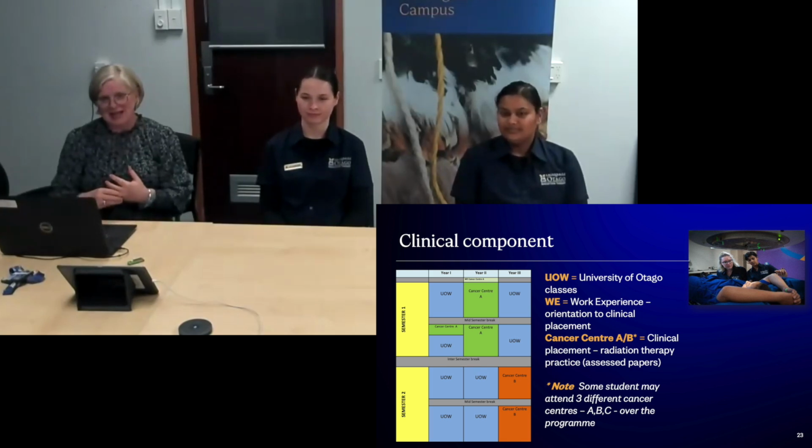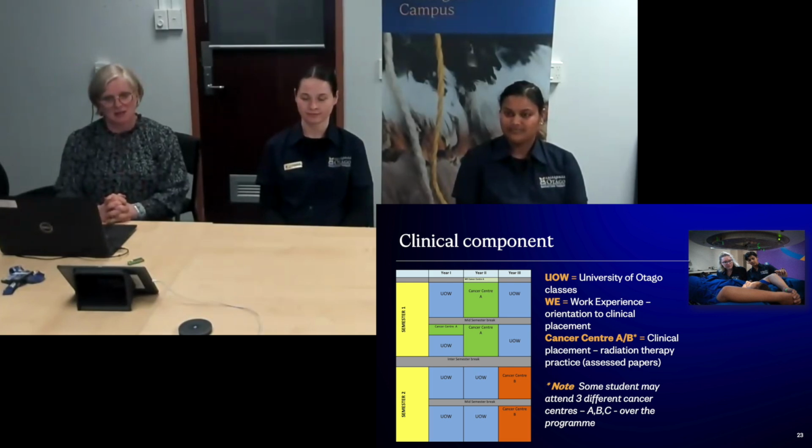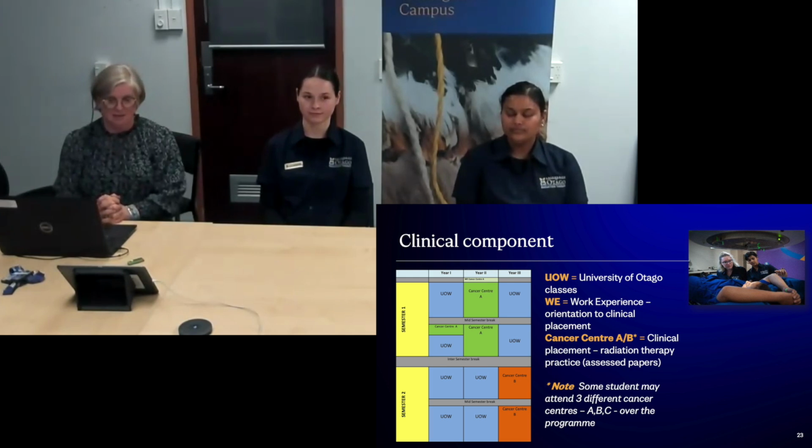How it's actually laid out is the first year is pretty much all theory, and that's based here in Wellington. You have a 1 week clinical experience out at a department around the country. Then in second year, you will go out for your placement into a cancer centre for the first 6 months of the year.